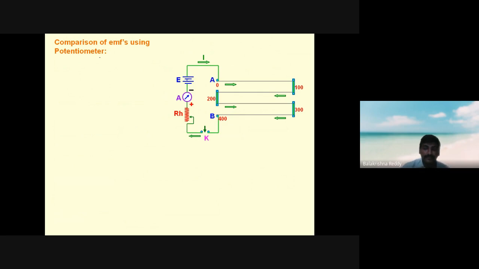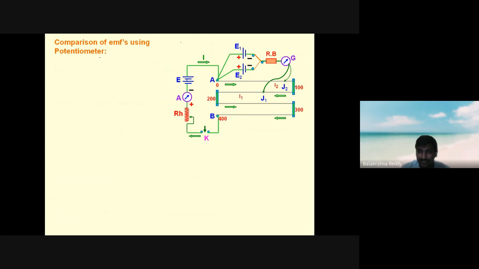First I am finding E1. I have connected it to the resistance box, the galvanometer and the jockey J, so the current flows through that. Next, E2 also I am connecting from the same terminal, at a point on the resistance box.